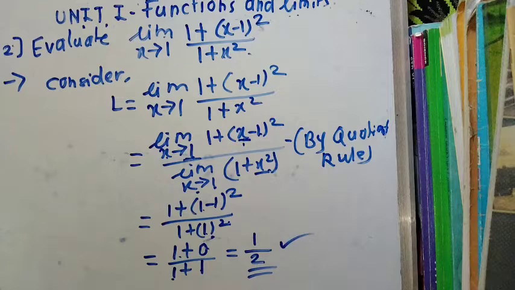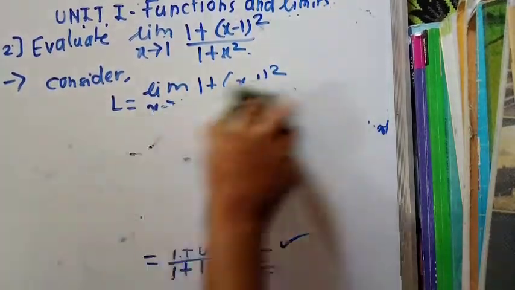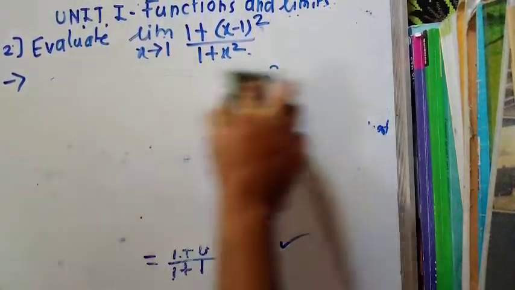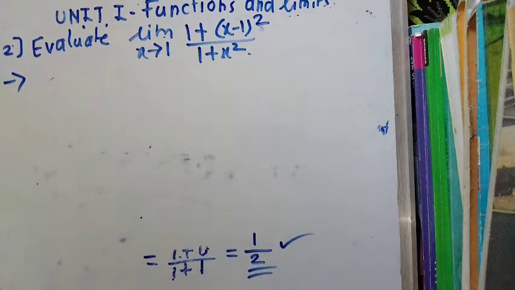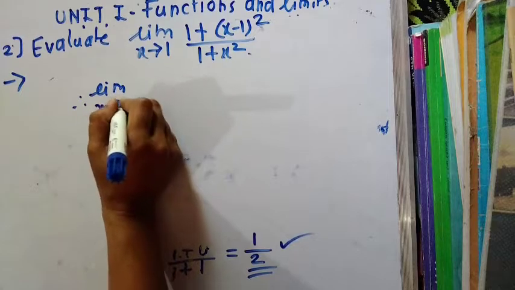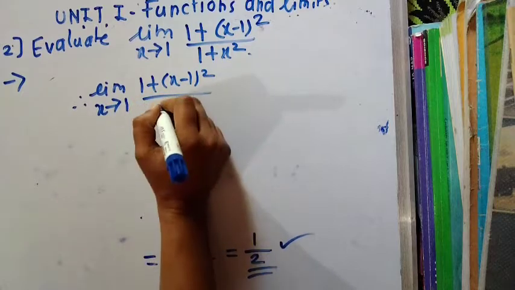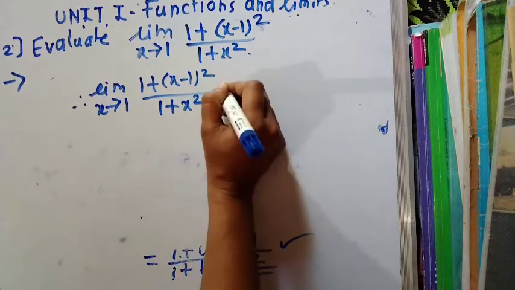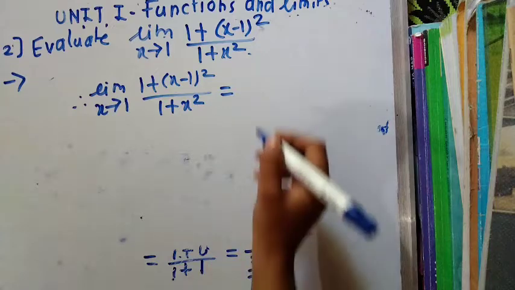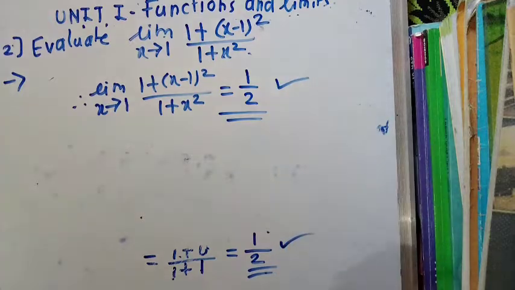Hence, write down the limit of 1 plus x minus 1 squared divided by 1 plus x squared, which is equal to 1 by 2. Okay. So we evaluated this limit as 1 by 2.